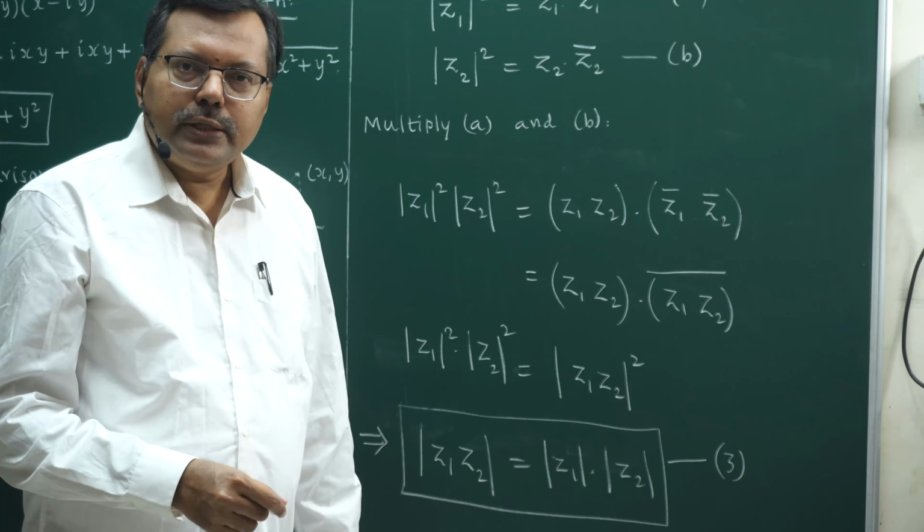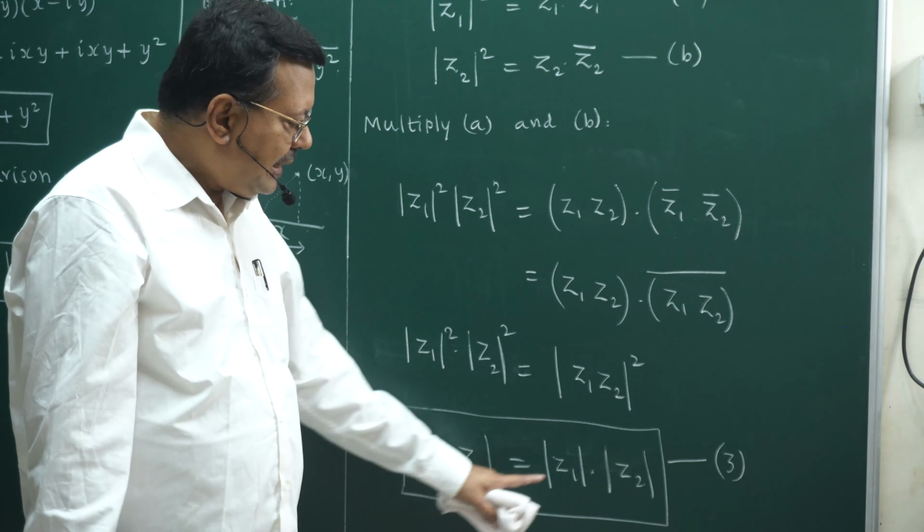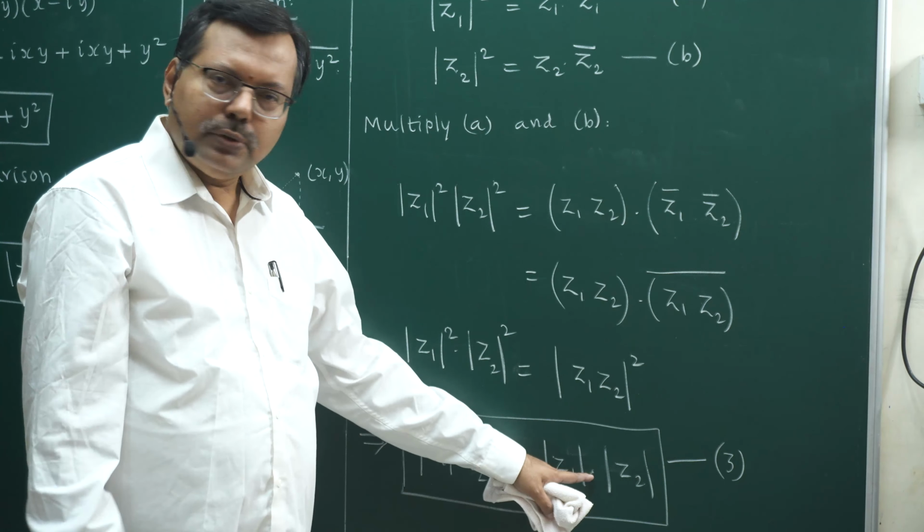Now it is multiplication. If you are going to do it for addition, you will discover that it is not distributive. So the distributive property fails for addition and subtraction, whereas the distributive property is true for multiplication and division.